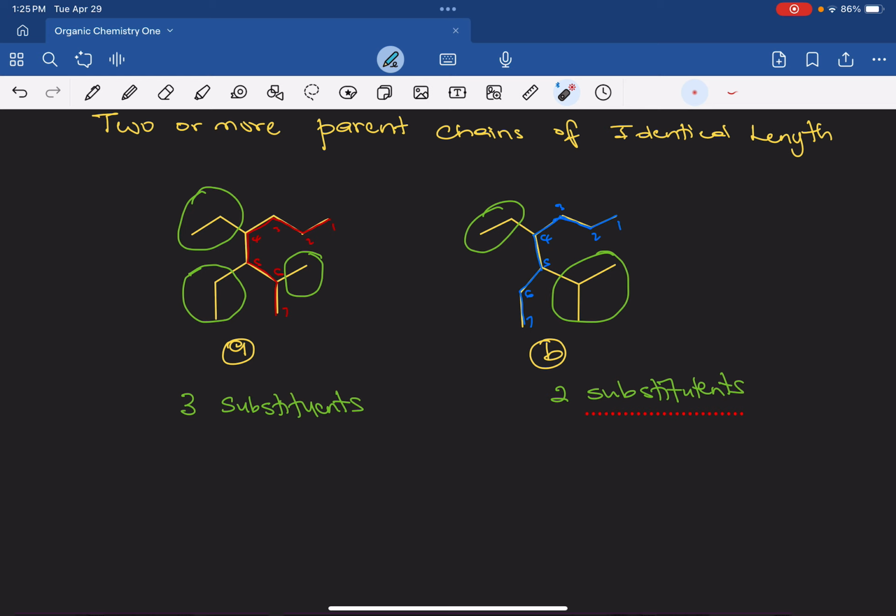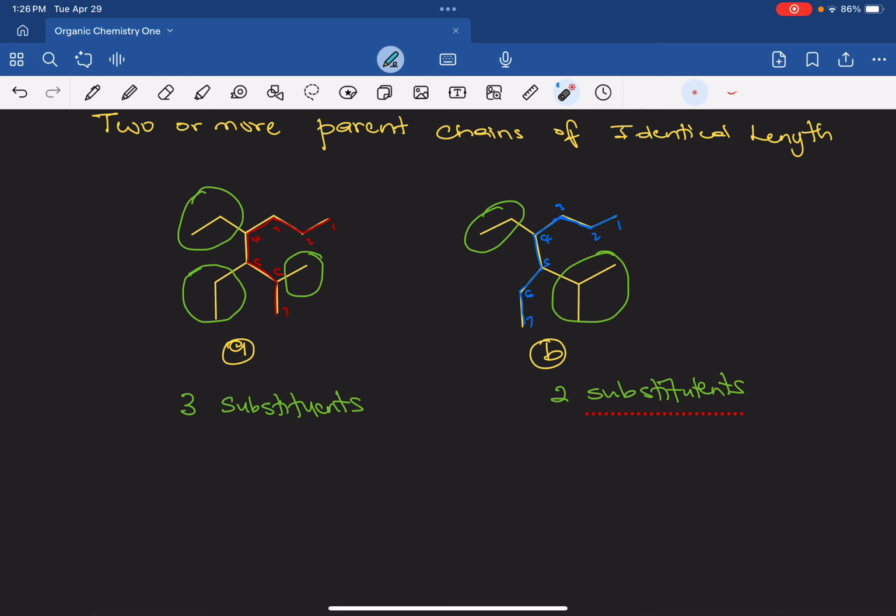So for example, with my red long chain, I have 3 substituents. With my blue long chain or parent chain, I have 2 substituents.